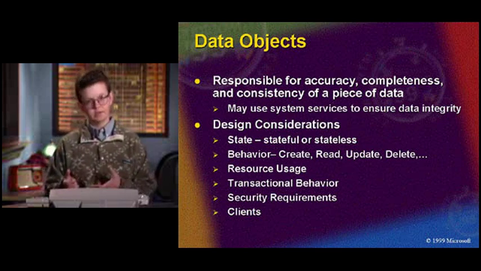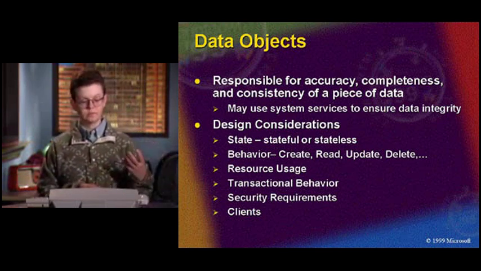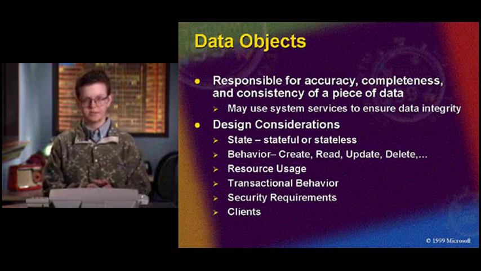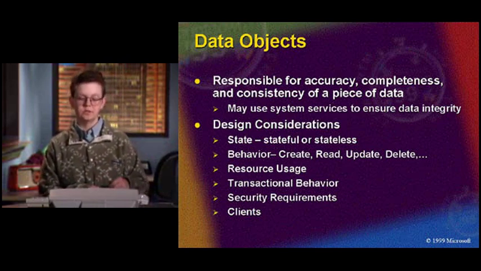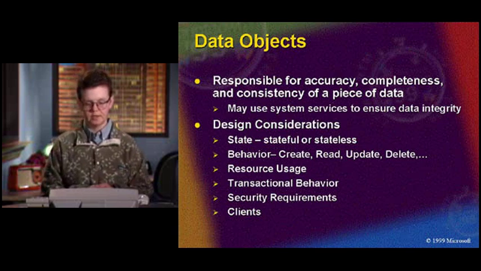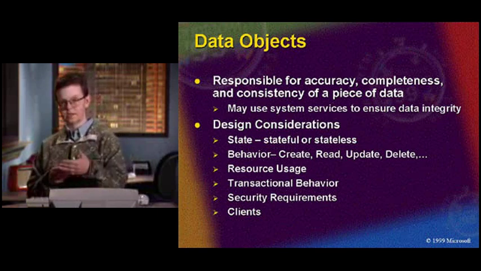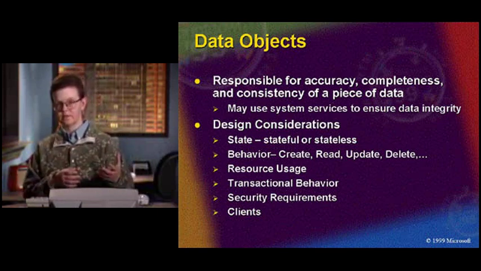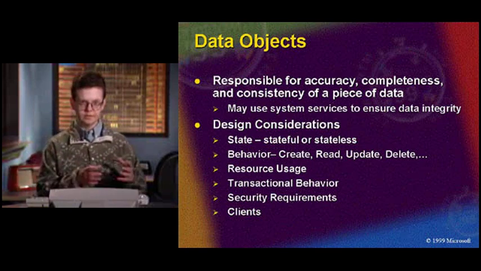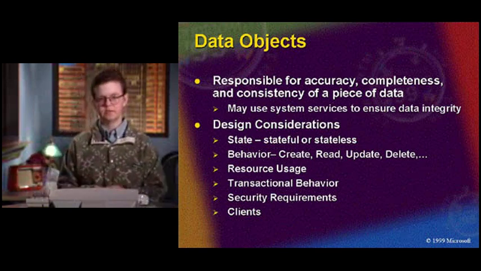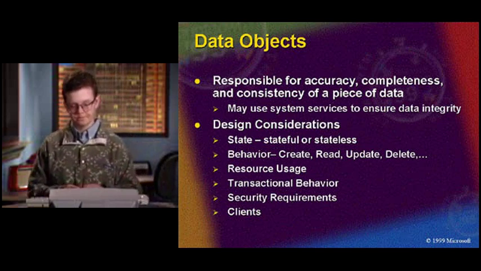On the other hand, if you're updating multiple things, or you can't rely on the containing component that's calling you to do transactions correctly, you might want to make absolutely positively sure by setting your transactional behavior to require a transaction. So even though we make it really easy to say, I want a transaction, and we do the work of getting that all set up for you, you still need to think about where you want transactions and what the boundaries are there. We're not getting rid of the need to think about that part of design. Just making it easier to implement.